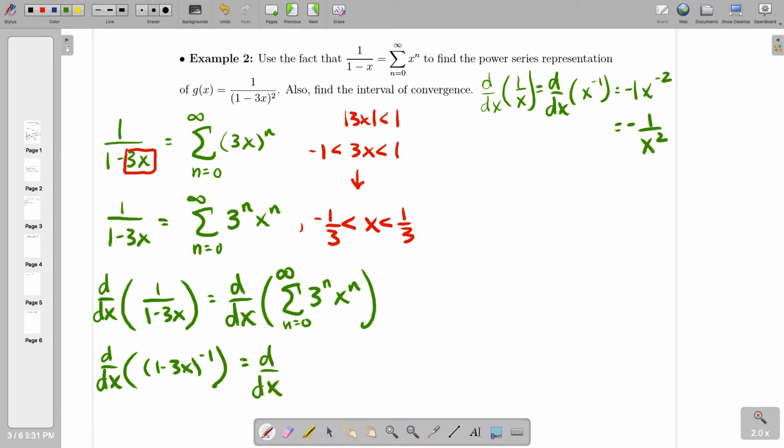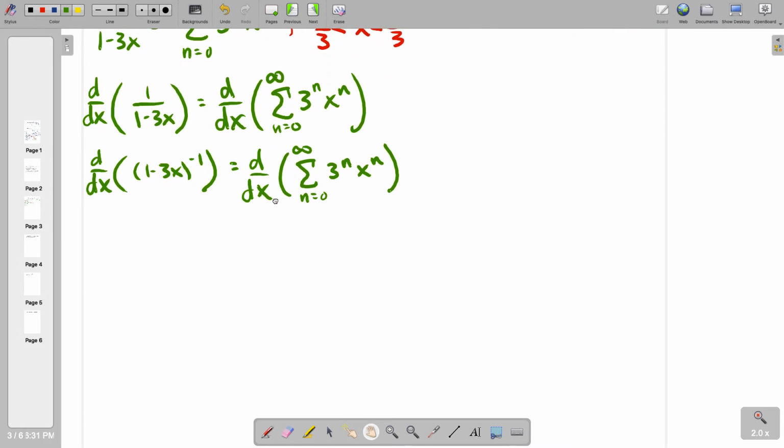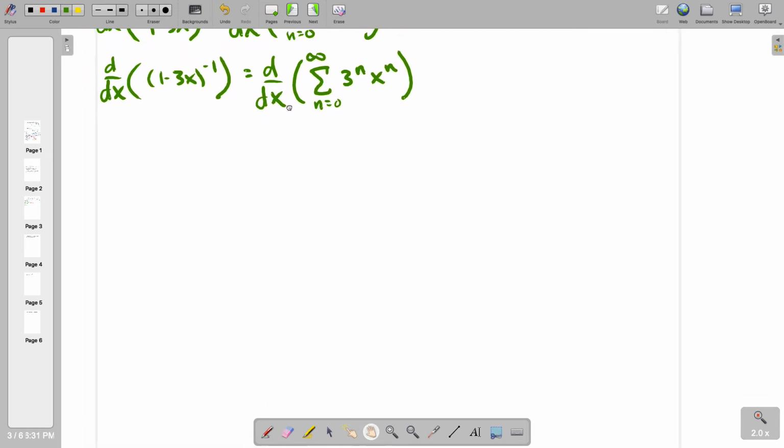I'm just going to rewrite this. All right, and then moving down a little bit here. On the left side, we know how to take that derivative. So that is going to be -1 times 1 minus 3x to the -2 power times the derivative of the inside. Don't forget the chain rule. So times -3. And then that's supposed to be equal to the derivative of this.